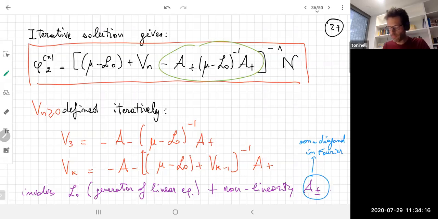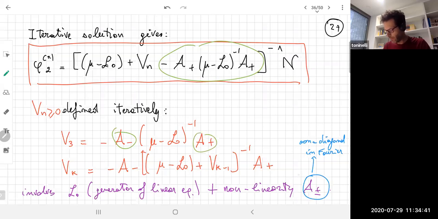Okay, so in a sense, this is the solution of the system. But of course, it's not yet in a form where you can see any bound of any kind. So this is not yet really the work. This is still the preparation. So a few observations. All these operators involve both the generator of the linear equation and the nonlinearities a plus and a minus.